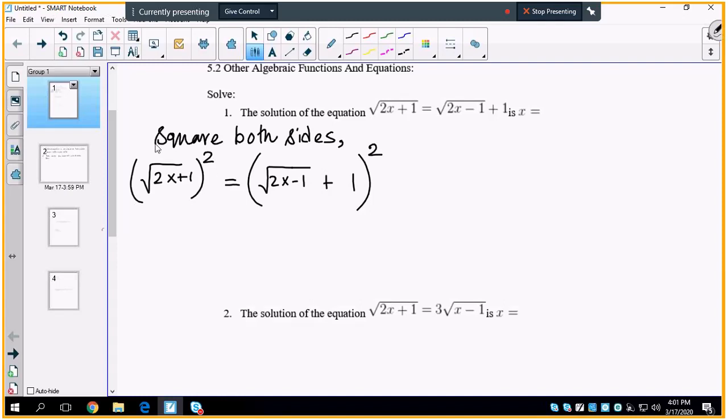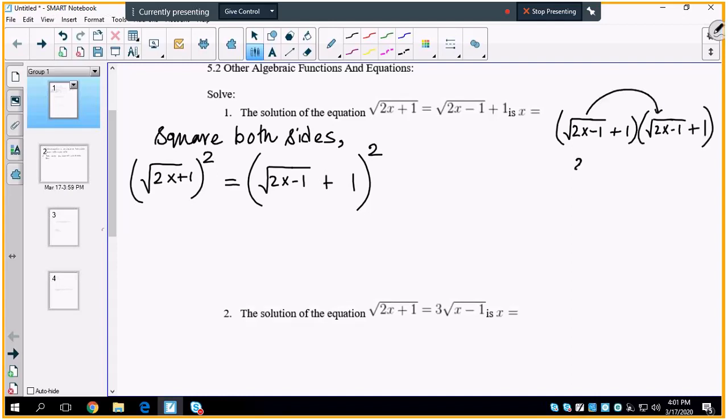Also, that will be a good moment for reminding ourselves a quantity squared is going to be evaluated by foiling and distribution. So I will say square root of 2x minus 1 plus 1 multiplied by one more factor of square root of 2x minus 1 plus 1 and then start distributing.